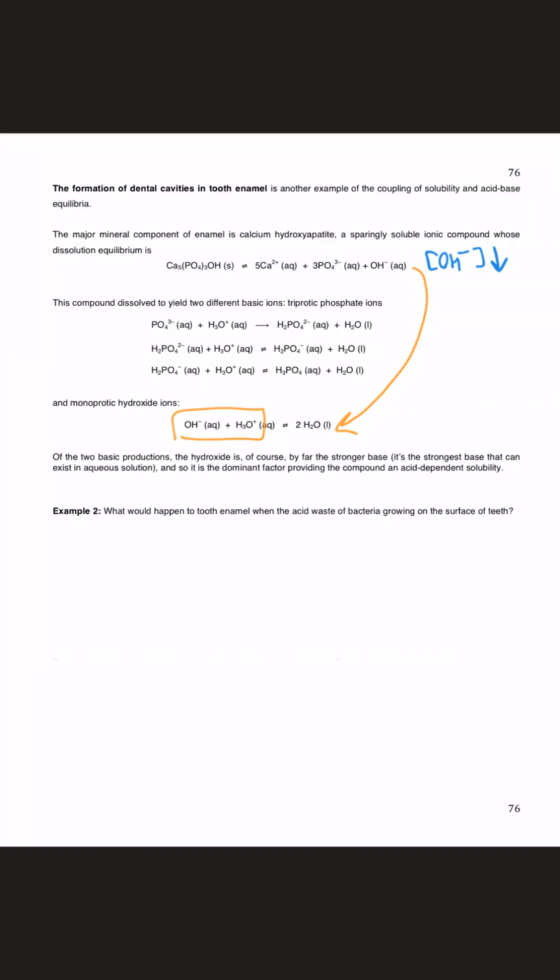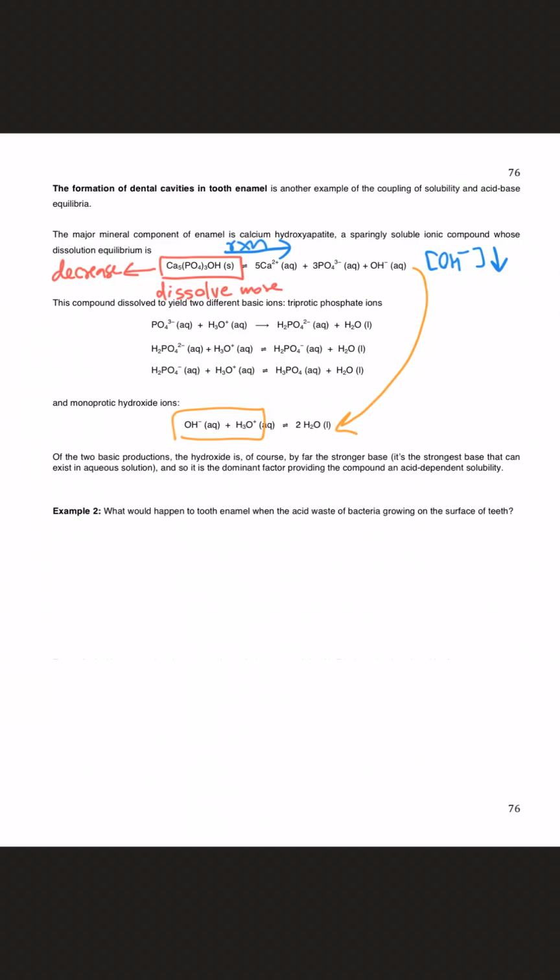This causes the reaction to shift toward the products to re-establish the new equilibrium. Therefore, the solid enamel would decrease because it is going to dissociate more in acidic solution to re-establish the concentration of the hydroxide ion in order to reach the new equilibrium again.